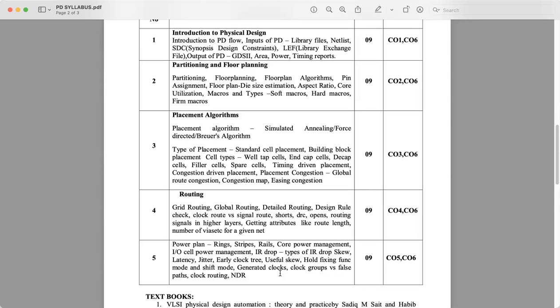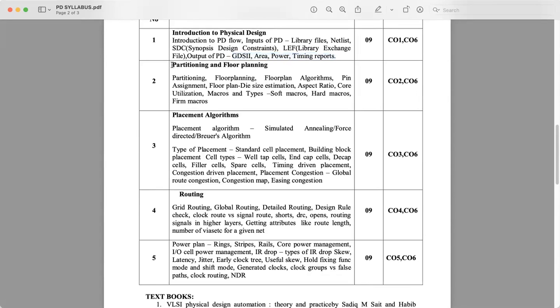Then how we are going to check the area, power, timing. Many of these things we have already seen in the VLSI lab. We have seen how much area it has taken, what the power is, what the timing is, in the form of graphs, numbers, bar charts. All this we have seen.